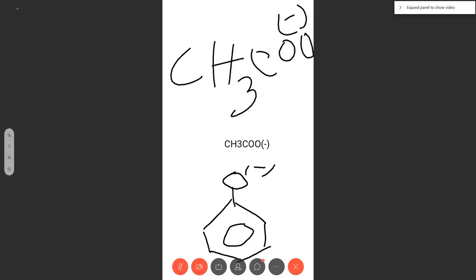So that is why the conjugate base RO minus is not stabilized. So carboxylic acid acidity is higher than that of phenol or alcohol.